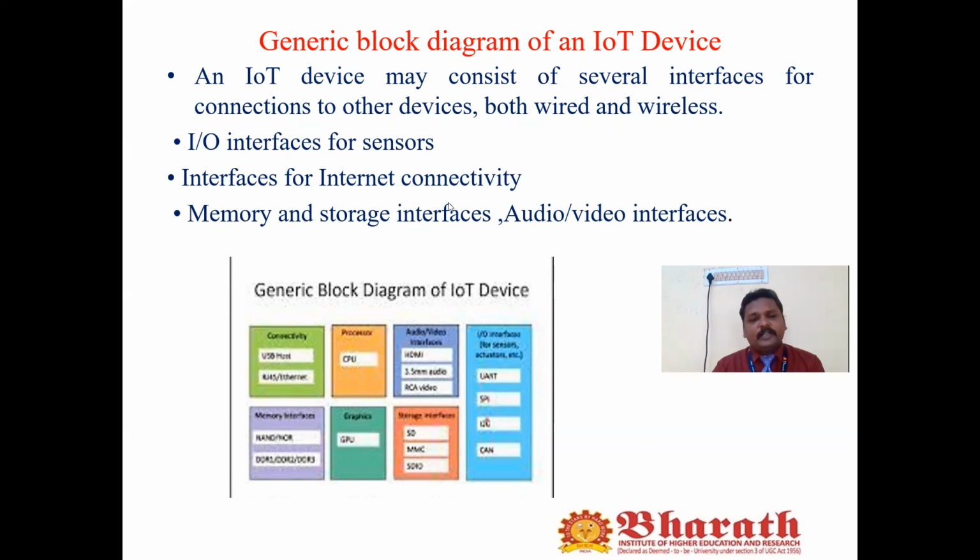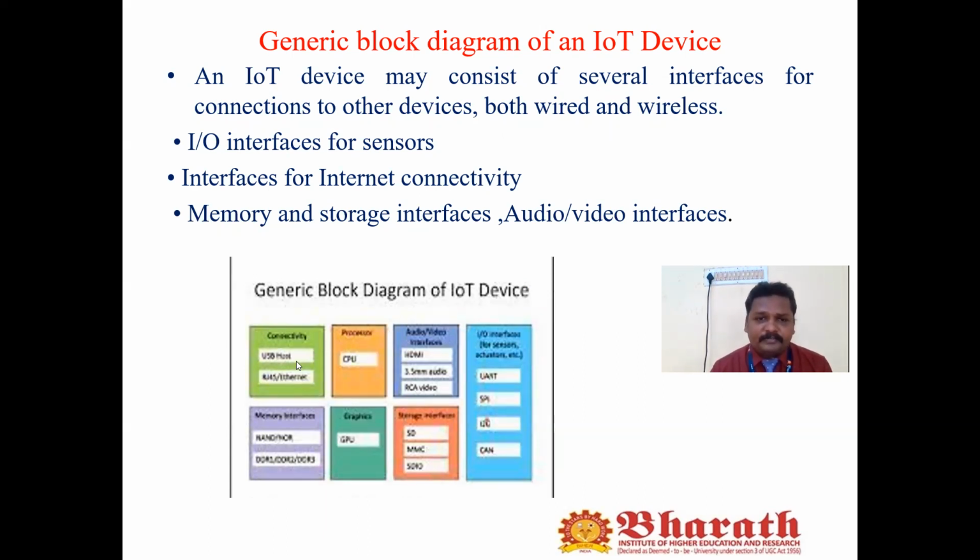Normally, IoT devices have several interfaces. For example, we have the Raspberry Pi. It's the most popular IoT device. The Raspberry Pi has a processor, the CPU, the central processing unit, and it also has connectivity.